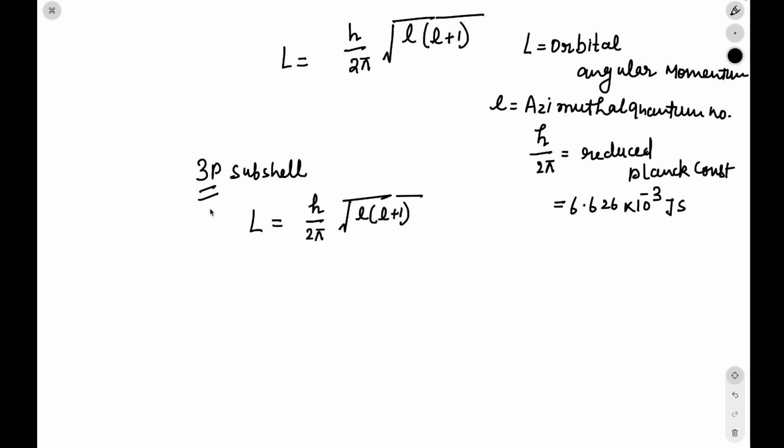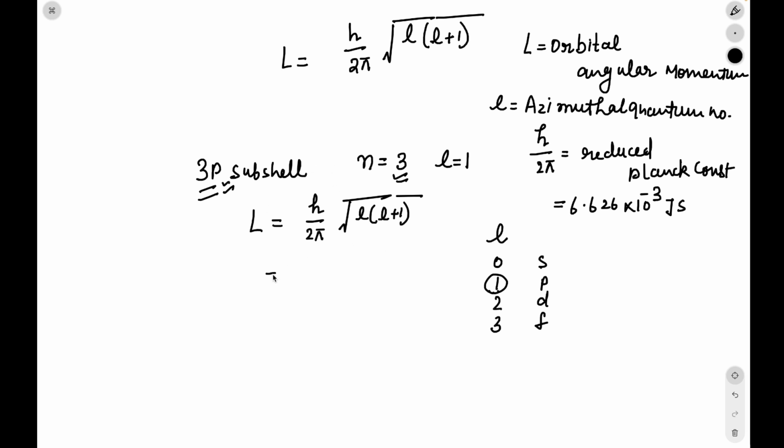In the 3p subshell, the value of n is 3. That means the electron is in the third shell, and the value of l is 1 because for l values 0, 1, 2, 3 we have s, p, d, f. So here for the p subshell the value of l will be 1.